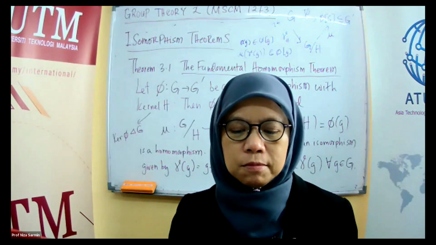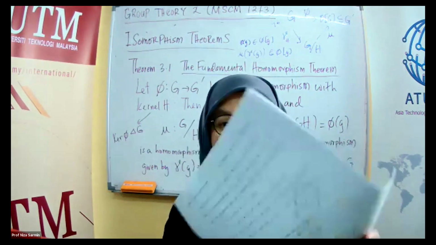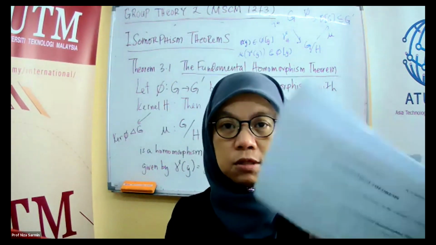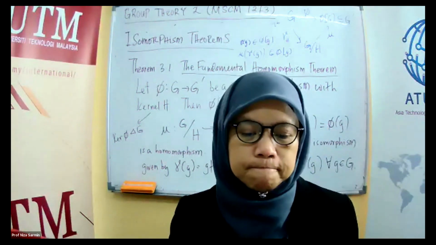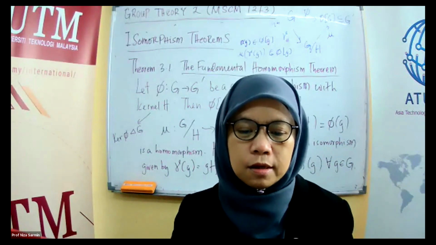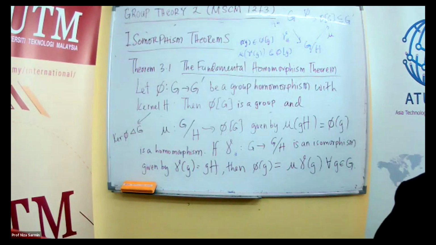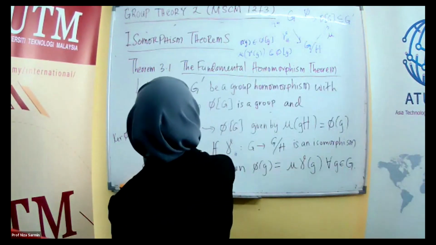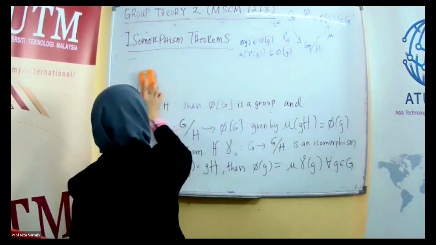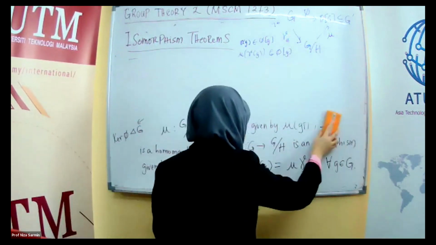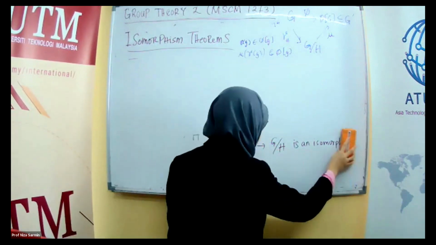You don't see that much difference. So the first isomorphism theorem is derived from the fundamental theorem of homomorphism. Let me rewrite. First isomorphism. Since it's very close to this one, I will give an example for the next one.